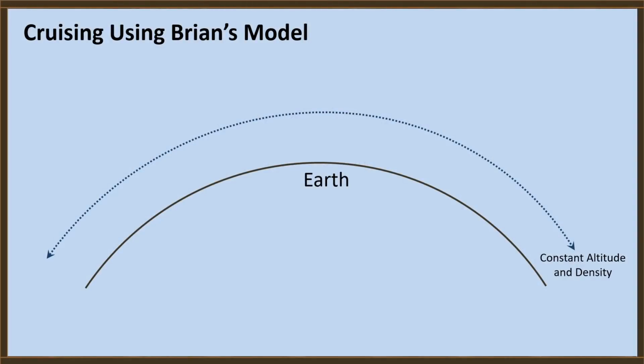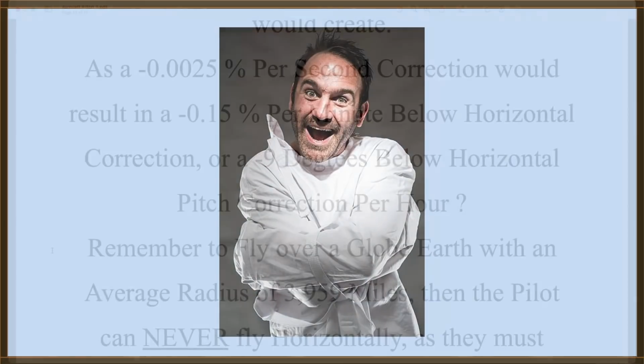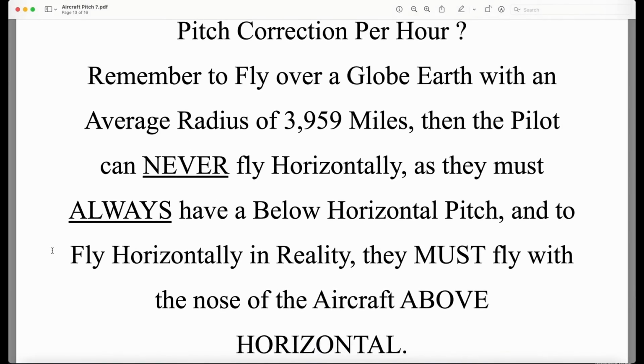Wait a minute, Brian. Now you've got the airplane ignoring the density gradient, ignoring the direction of gravity, and continuing to accumulate pitch changes until it flies itself into the ground. Brian, you're starting to make this guy look normal. Remember, to fly over a globe earth with an average radius of 3959 miles, the pilot can never fly horizontally, as they must always have a below horizontal pitch.